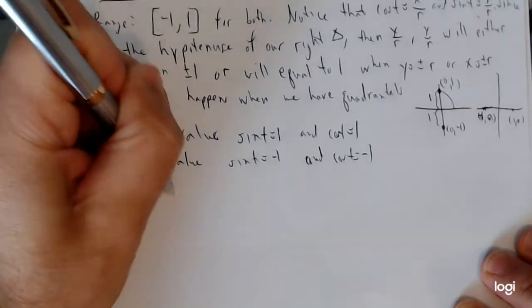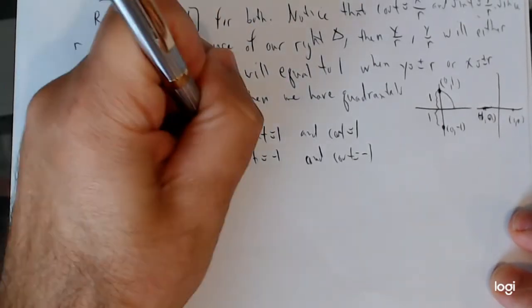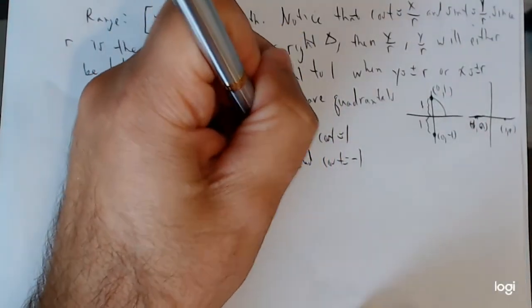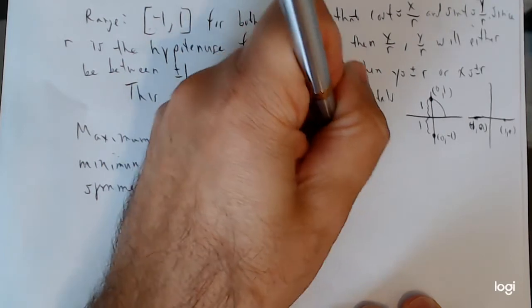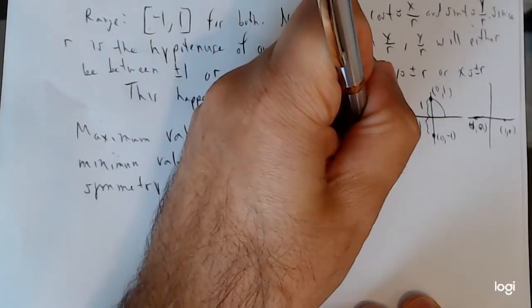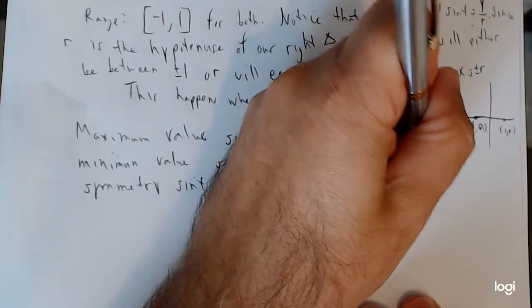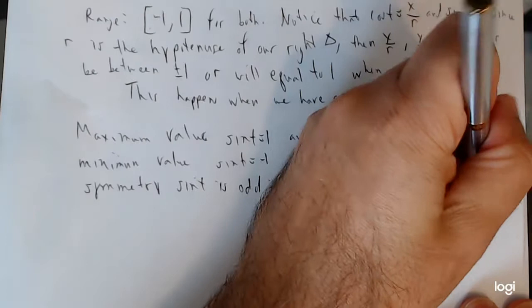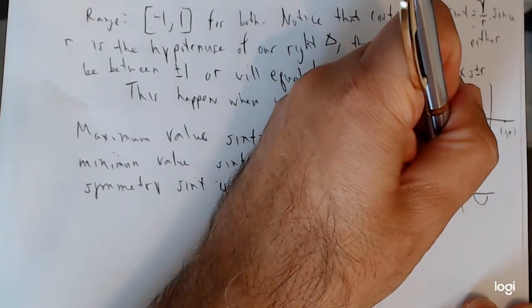Okay, so now let's also talk about the symmetry, because when we graph it, we'll see that there is some symmetry. Sine of t is an odd function, which means it's symmetric with respect to the origin. So what does that mean? It just means that whatever it does to the right of the origin, it does the exact opposite to the left of the origin.